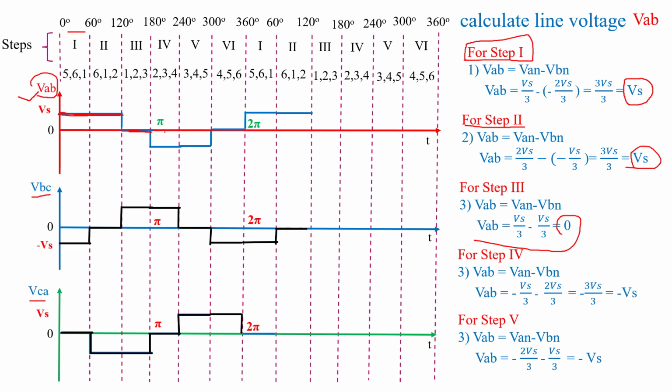For step 4, VAB is minus Vs. For step 5, again minus Vs. For step 6, if we calculate, we get VAB is 0.